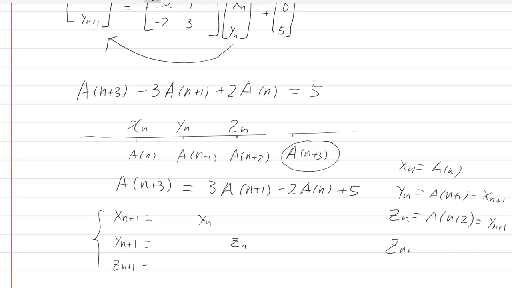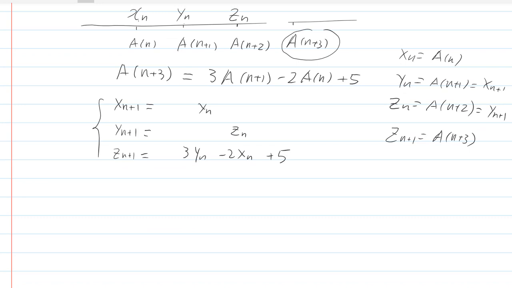One more: z_{n+1} is going to be a_{n+3}, right? So now you will have this is going to be 3a_{n+1}. You're going to use y_n, so you have 3y_n, okay? And then this part is negative 2x_n, and that's okay, the order, and then this is plus 5, right?